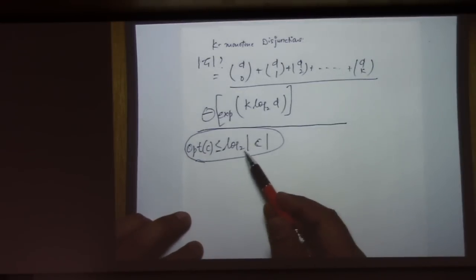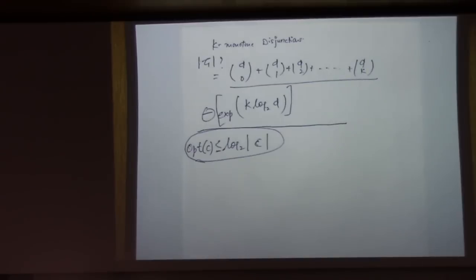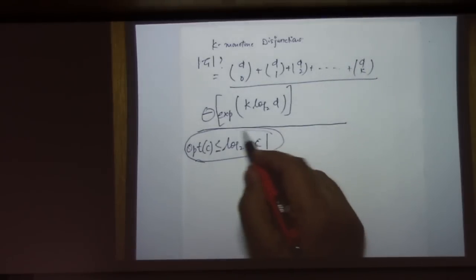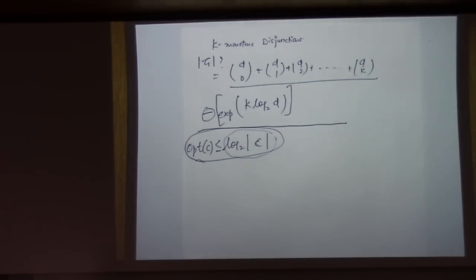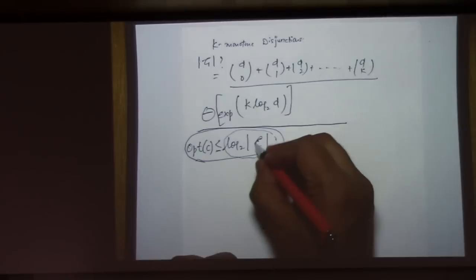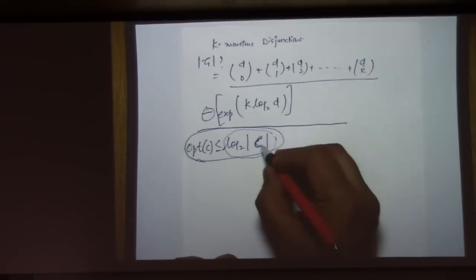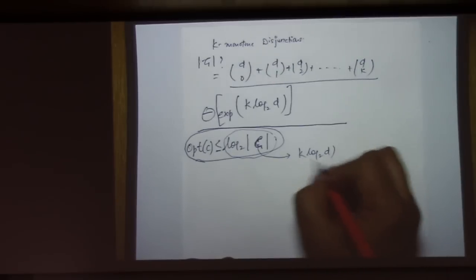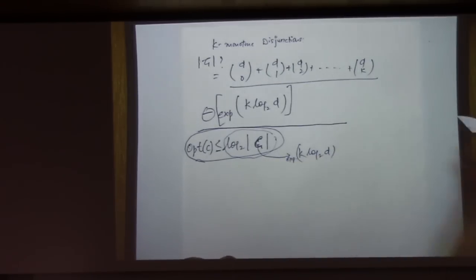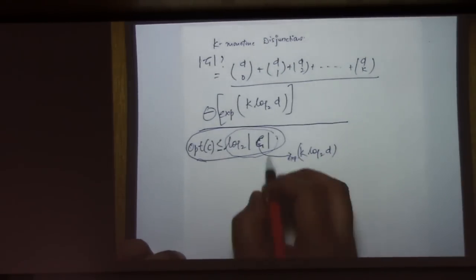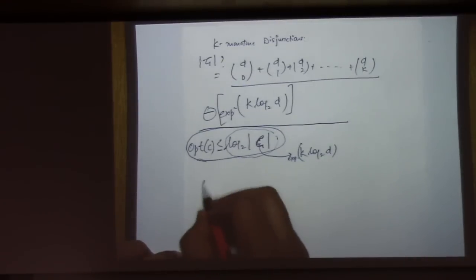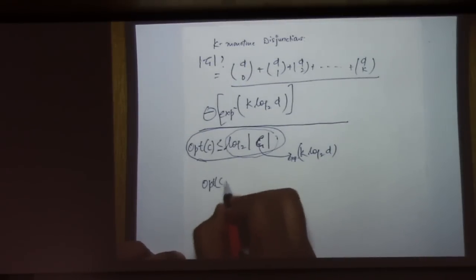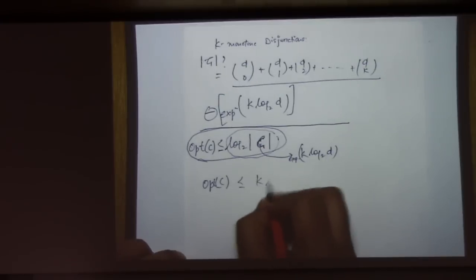Which means that there is some algorithm whose mistake bound is this much. That means that the optimal algorithm would have less than that, for any C in this fancy C. Now this is k log 2d, which means we can show that opt of C is less than or equal to k log 2d.